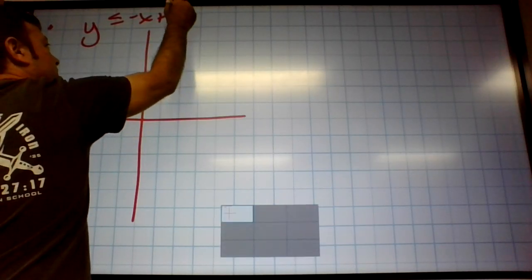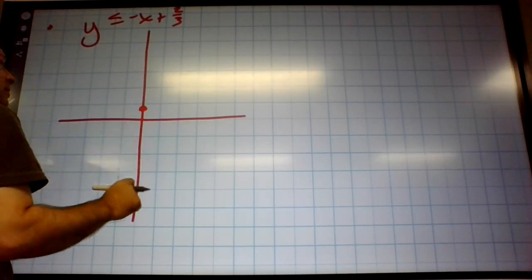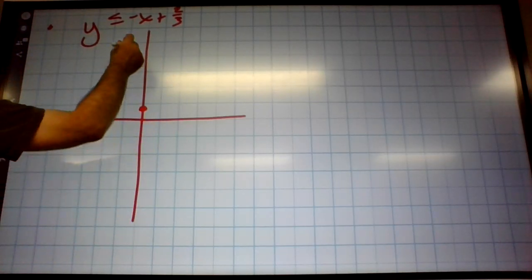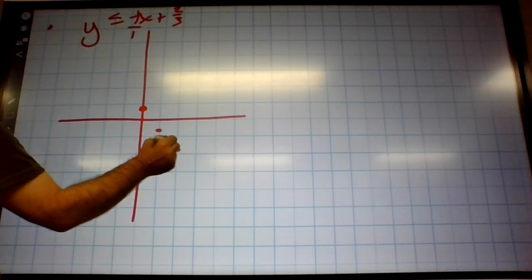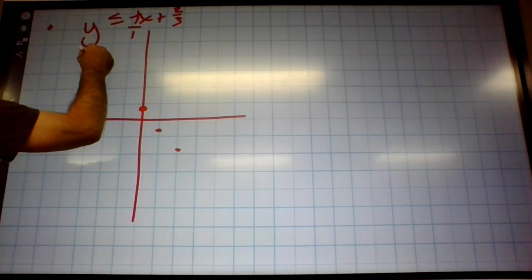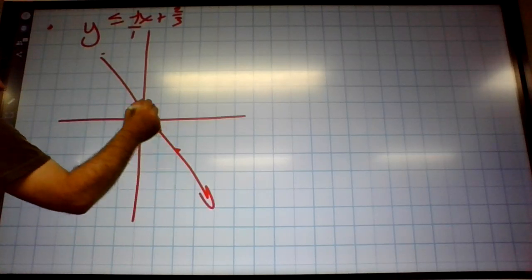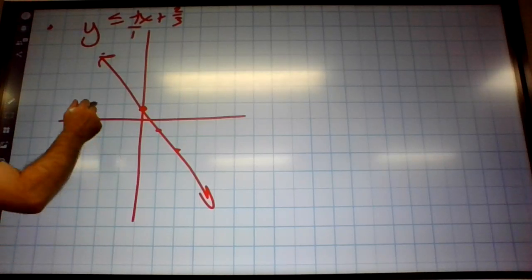Yeah. I don't remember that. Okay, so then we go down 1 over 1. So like that. Is the line solid or dashed? Too steep. We shading above or below?